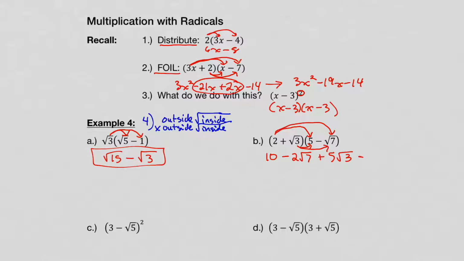So we can do inside numbers. So we can do 3 times 7 is 21. Okay. So since there are no like terms, this is done. Basically, we can't simplify anymore.